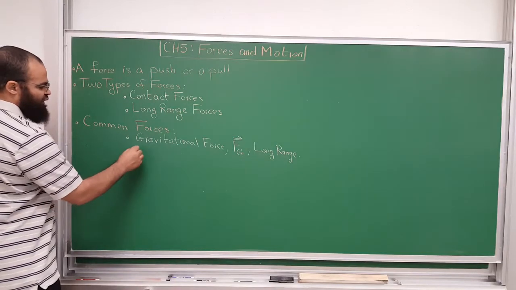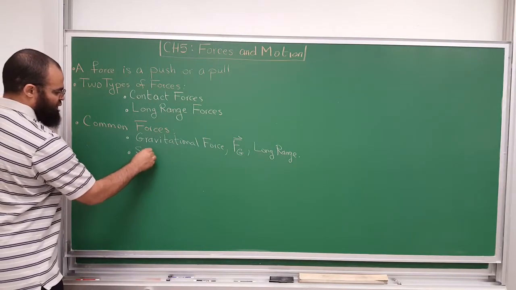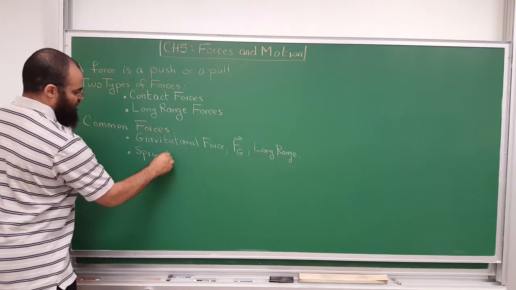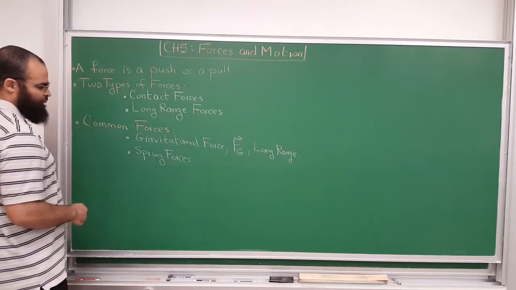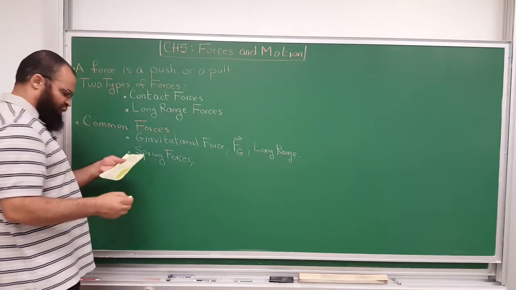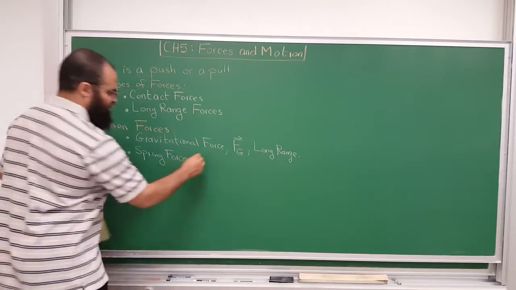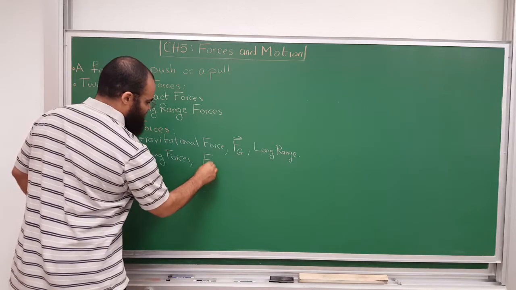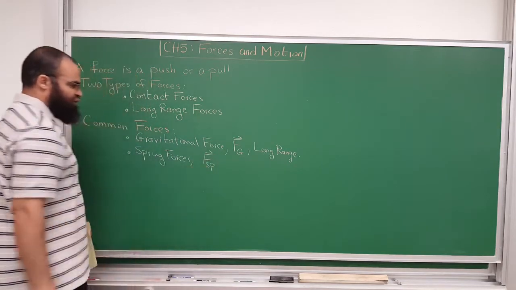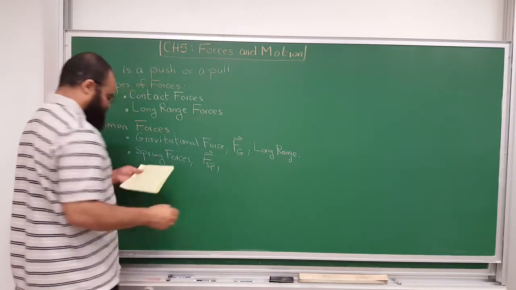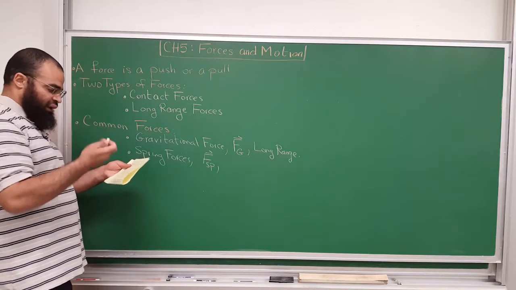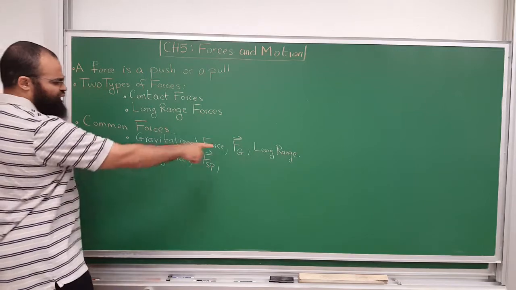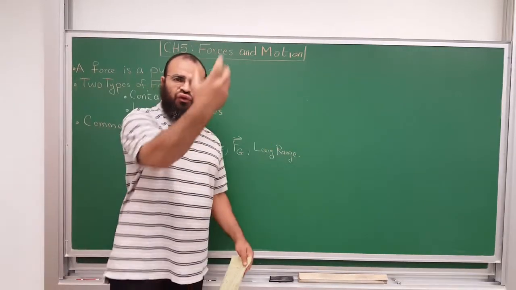We will deal with spring forces. I'll show you a spring in a moment. The symbol for a spring force is F spring, SP. That's the symbol our book uses. By the way, the gravitational force is always attractive. The Earth always pulls you down.